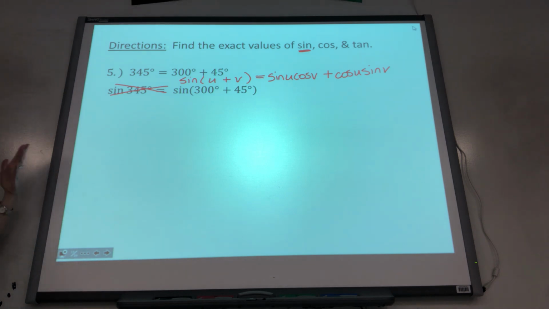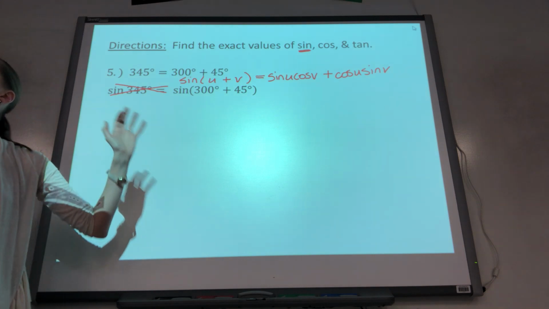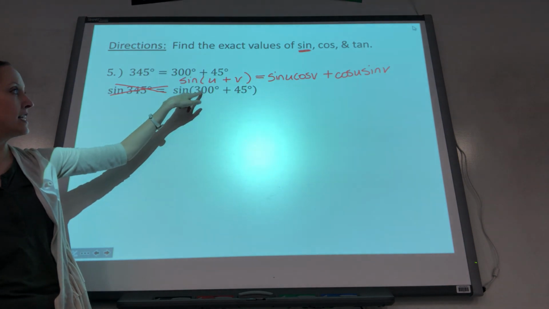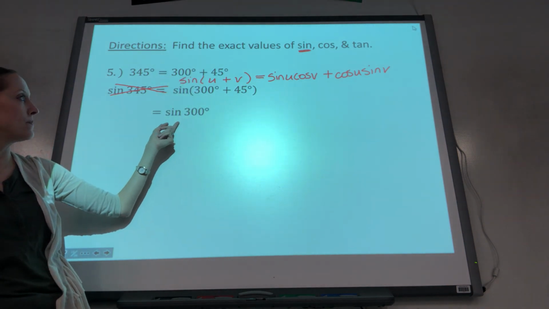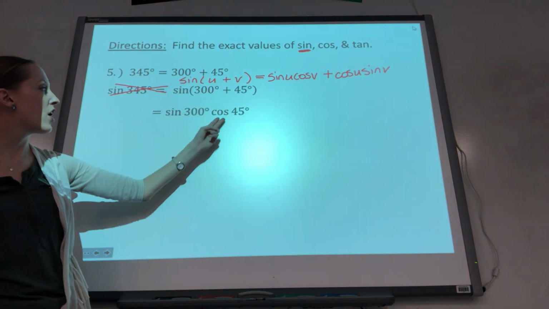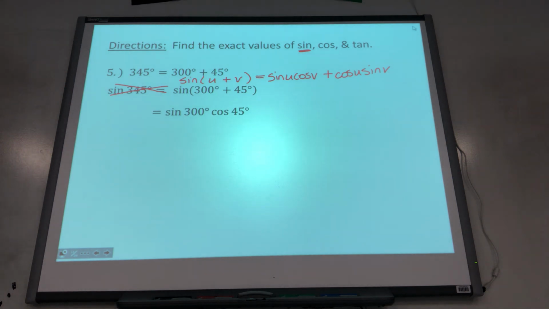So when we spread this out, we need sine of u first, so that is sine of 300. Then we need cosine of v, which is cosine of 45, plus cosine of 300 times sine of 45. You've got 4 different things that you have to look up on Handy Dandy, and then we can multiply everything together and simplify.